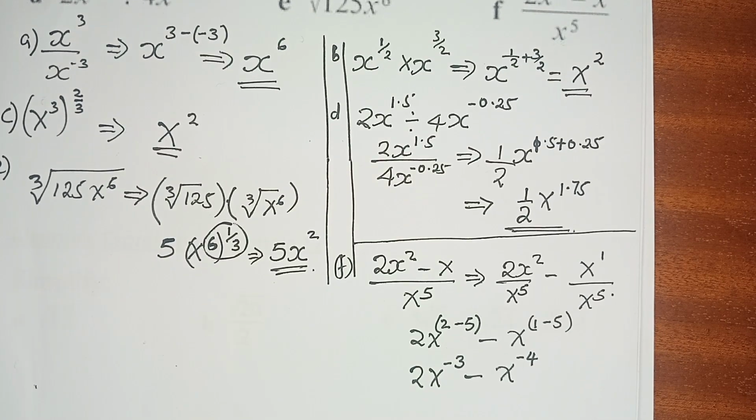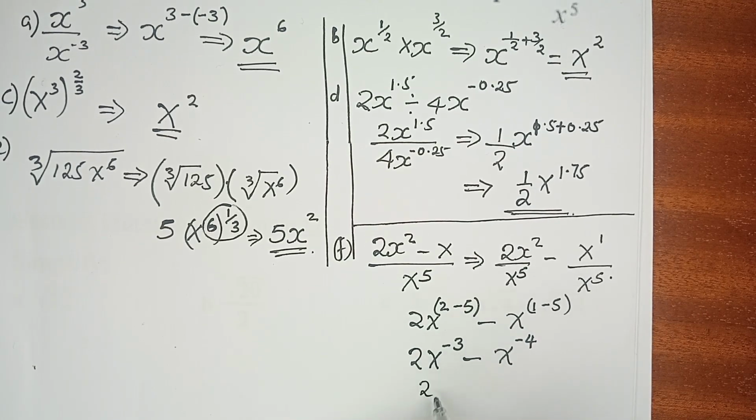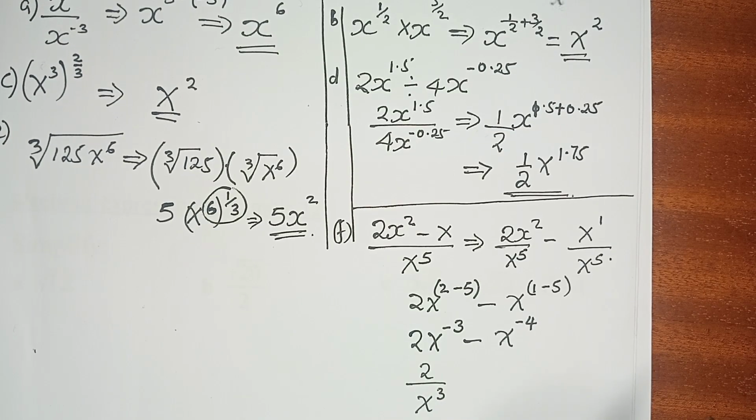We can only write it now back into fractions, which is going to give us 2 all over x raised to power 3. Remember, when x now finds its way back to the denominator position, and vice versa to the numerator position, the sign of the index will automatically change.